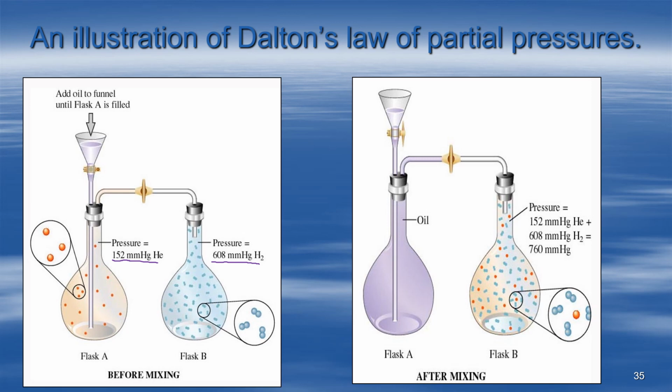Now this one is totally empty, and both gases are in the same container. You can see the helium still has a pressure of 152, and the hydrogen has a pressure of 608, but the total pressure is 760 now. PT is the partial pressures added together. It doesn't have to be 760, this just happens to add up to 760.